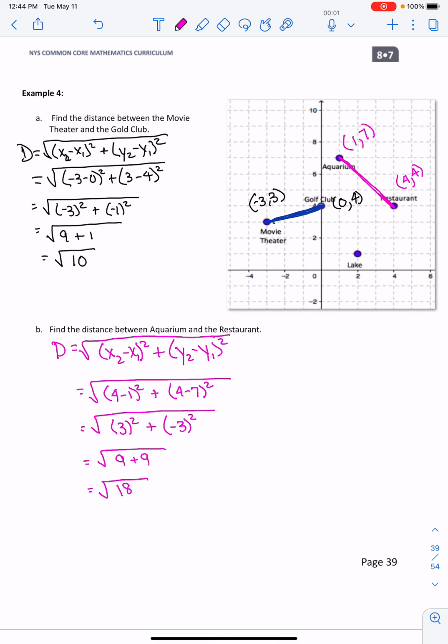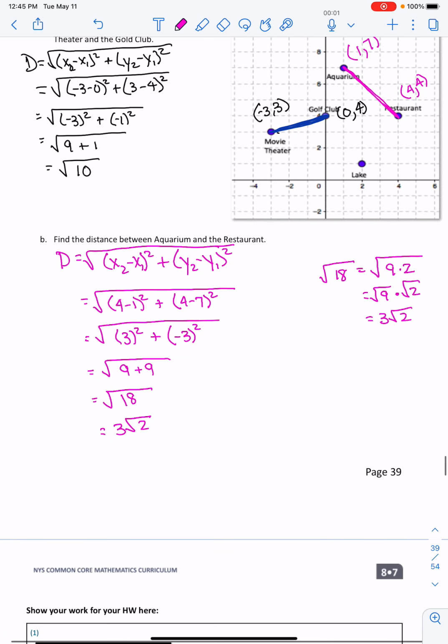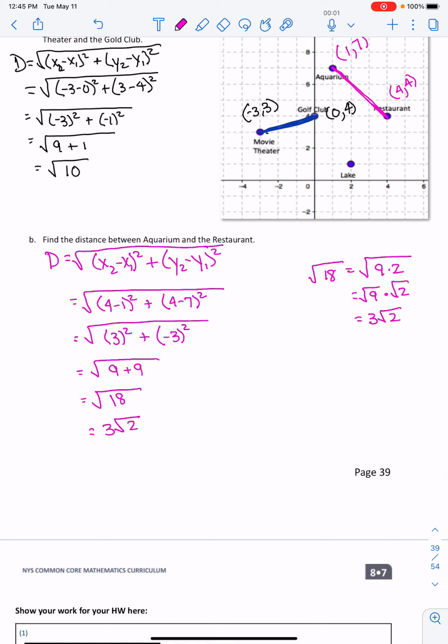So I can simplify this to 3 square root of 2. And remember, how I did that is square root of 18 can be rewritten as 9 times 2, or square root of 9 times the square root of 2, which equals 3 square root of 2. Okay? And that ends my lesson.